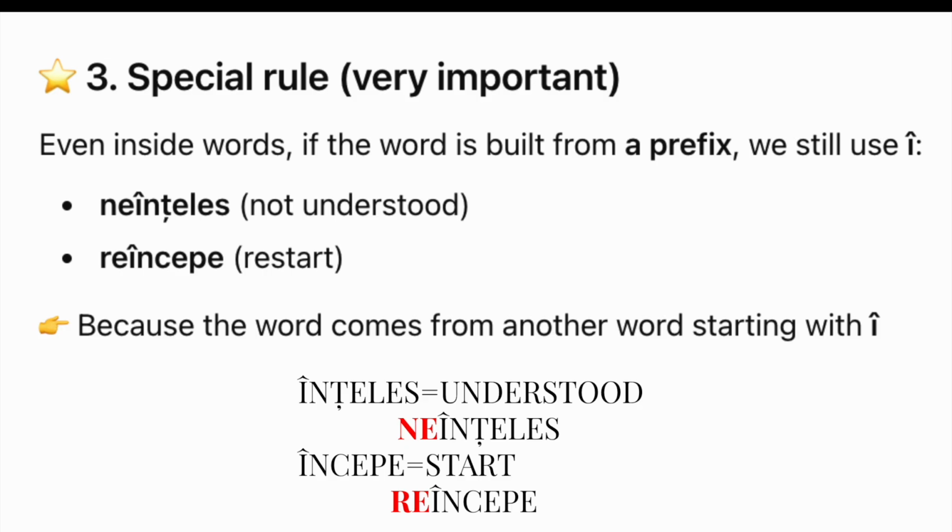Even inside words, if the word is built from a prefix, we still use Î, okay? For example, neînțeles, reîncepe, because the word comes from another word that is starting with Î. Basically, we have înțeles, that means understood, and then we add in front of înțeles, ne, that is misunderstood or not understood, neînțeles.